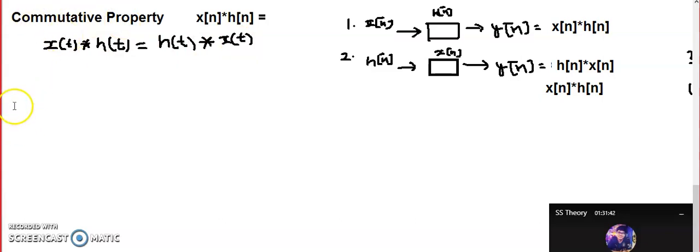Okay, next is distributive property. डिस्ट्रीब्यूटिव प्रॉपर्टी क्या होती है?